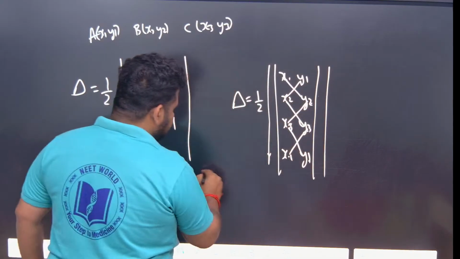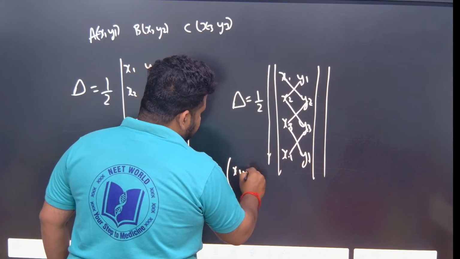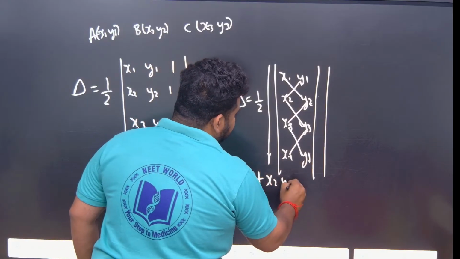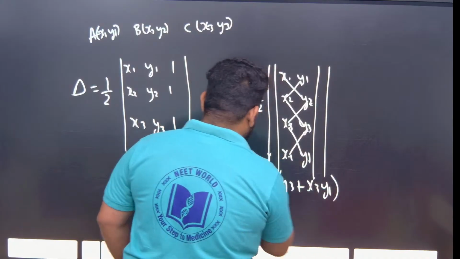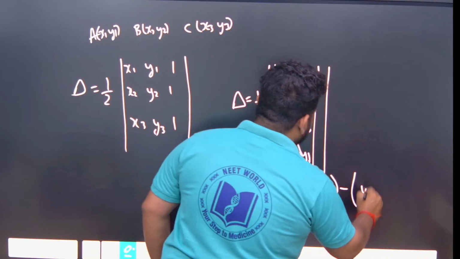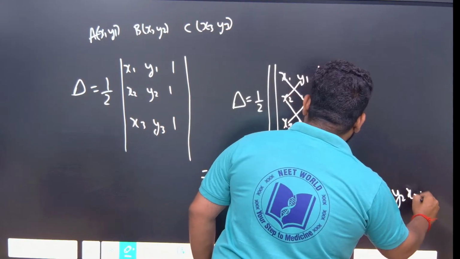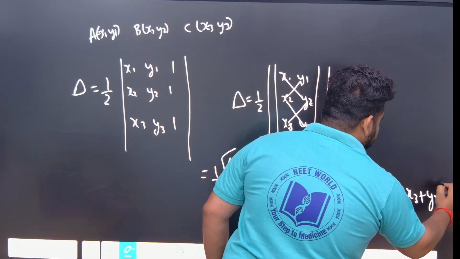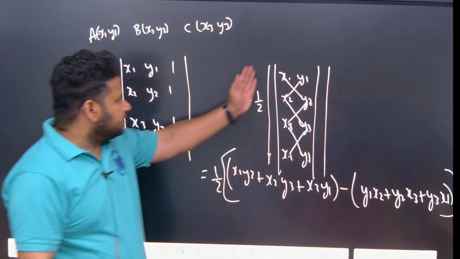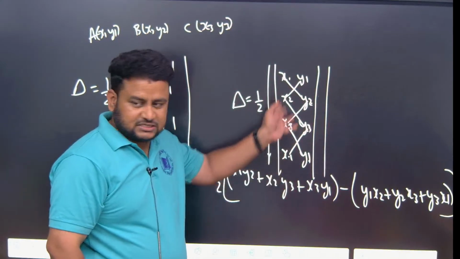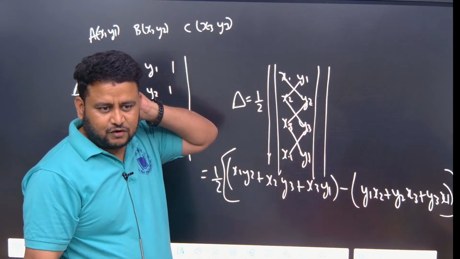So the answer will be half into x1 y2 plus x2 y3 plus x3 y1, minus y1 x2 plus y2 x3 plus y3 x1. This is the answer, easily you can get. This into this, this into this, this into this, plus, then minus of this one. Got it? This is the ladder formula.